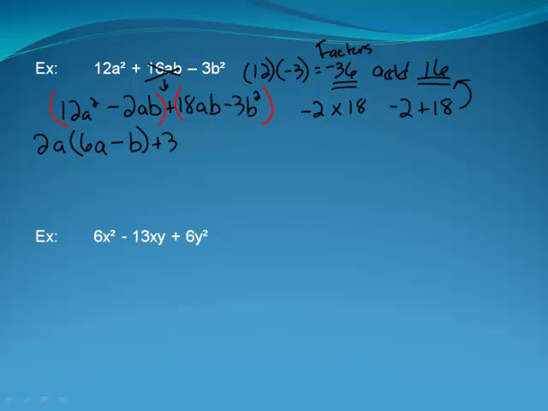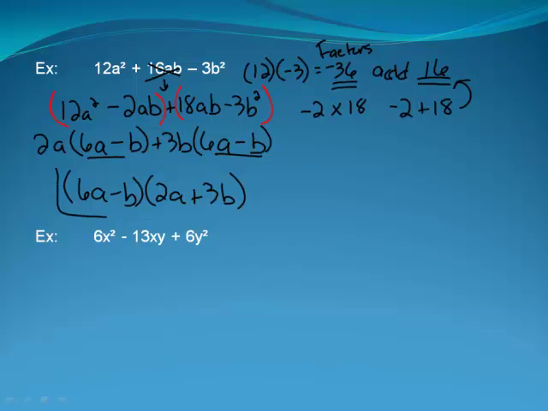So we're going to take out a positive 3b, which leaves us with 6a minus b. Notice our groups match. So factor out the group. We've got 6a minus b times 2a plus 3b. And that's our answer.